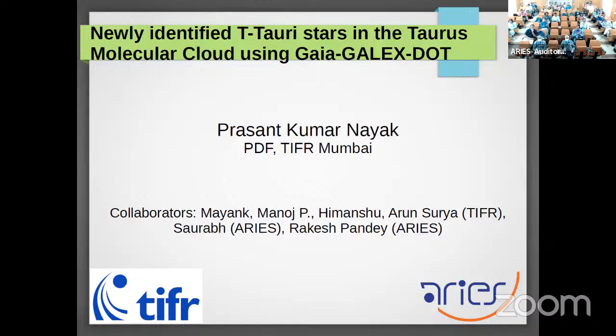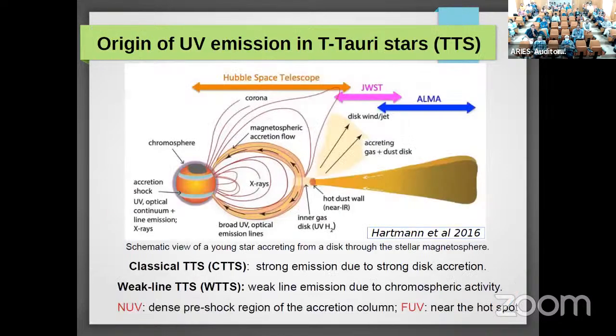We can identify new T-Tauri star candidates, and once we identify those candidates, then we can use ground-based telescope, mainly spectroscopic data, to confirm whether they are classical or weak line T-Tauri stars. In the later part of the talk, I will also discuss the future prospects of the DOT and how we can combine that with our space-based telescope UVIT to study the T-Tauri stars.